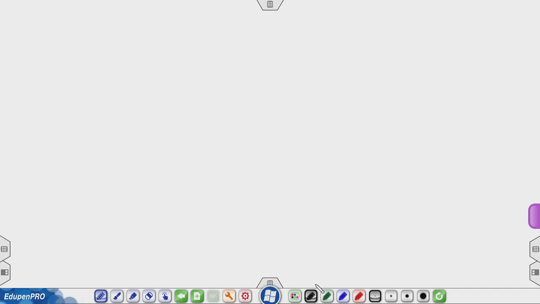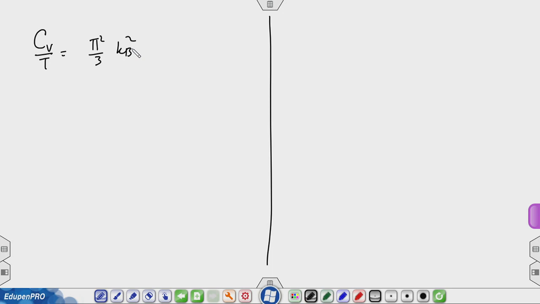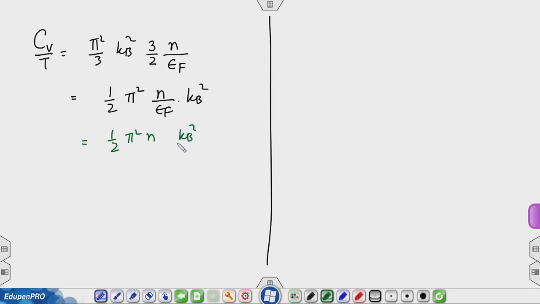Let us make some comparisons. So, if I write the value of D at epsilon F, Cv over T is pi squared over 3 kB². D at epsilon F is going to be 3 by 2 n divided by epsilon F, which is equal to 1/2 pi squared n over epsilon F kB², which is equal to 1/2 pi squared n kB², and I am going to use that temperature for Fermi energy.